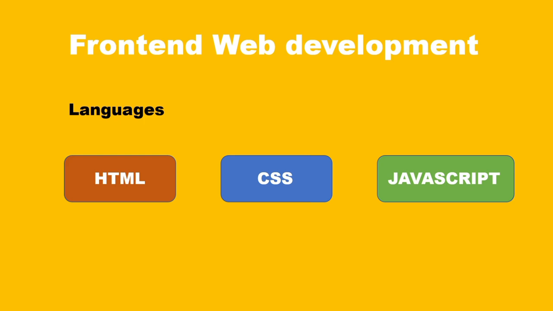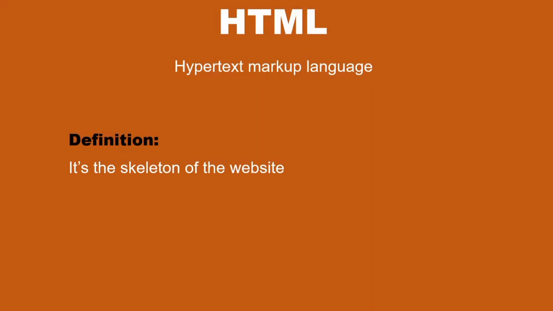So the first language is HTML, and HTML is an abbreviation of hypertext markup language, and it is the skeleton of the website. This is the content. This is everything that you see on the website.